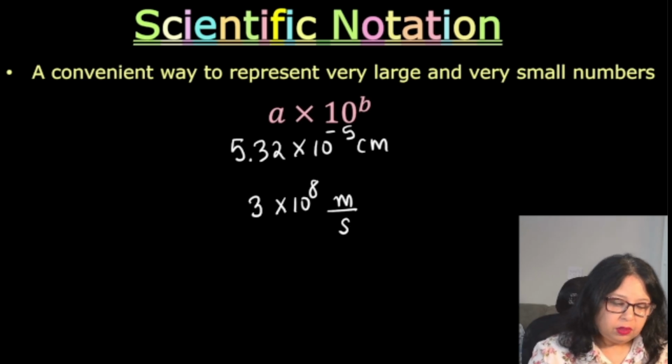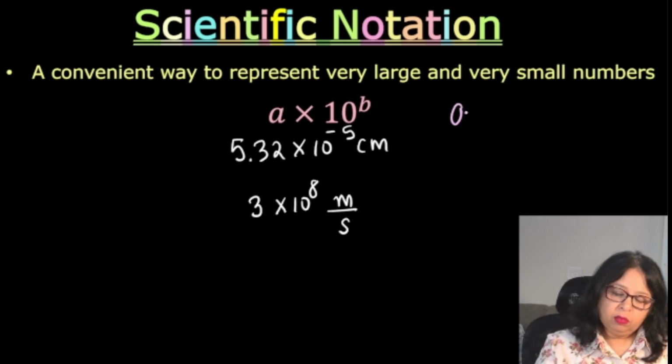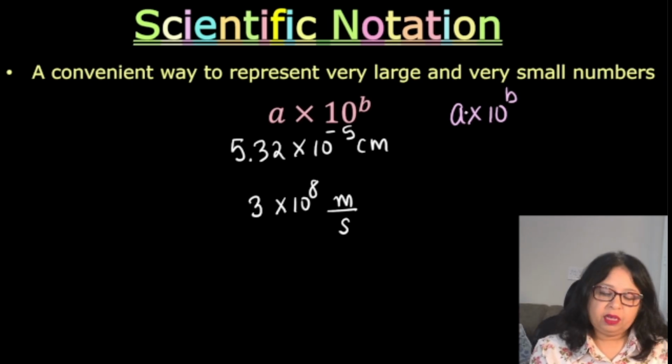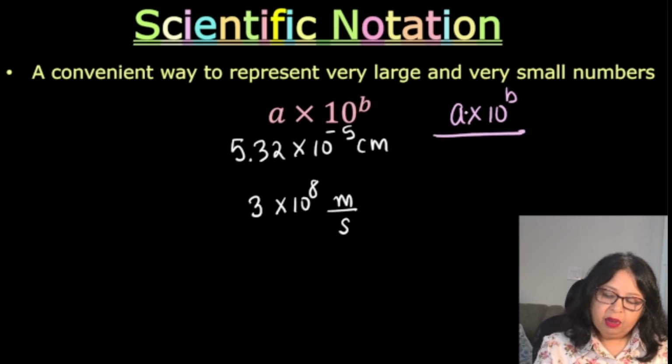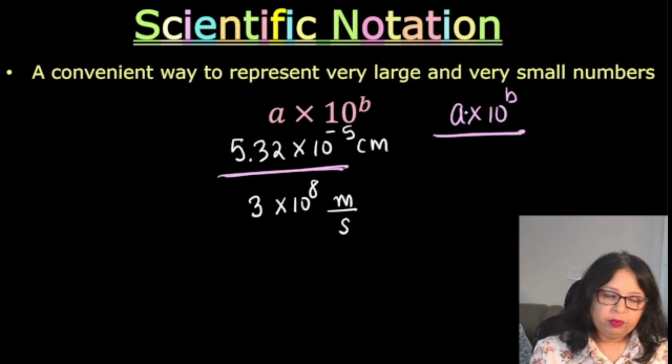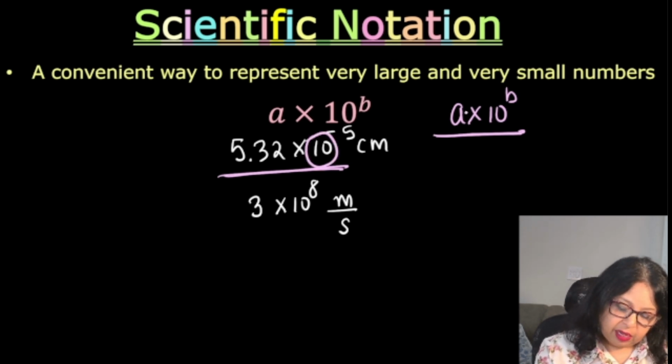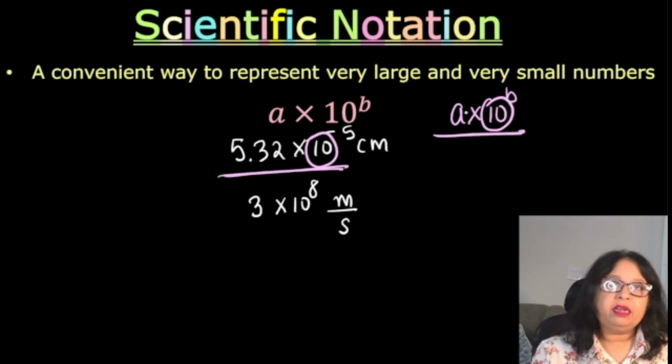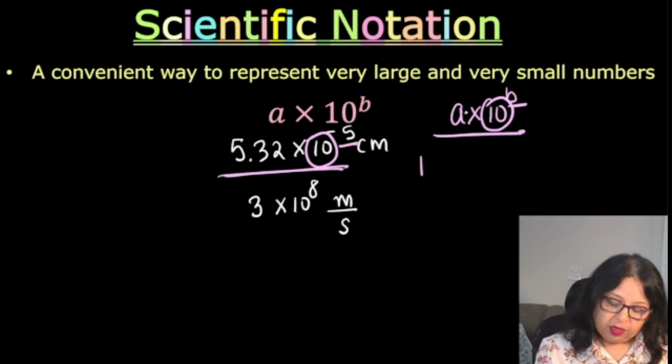Now, if I compare these two numbers with the generic form of scientific notation, which is a times 10 to the power b, then obviously this 10 over here equals this 10. That says that this b must be equal to minus 5.